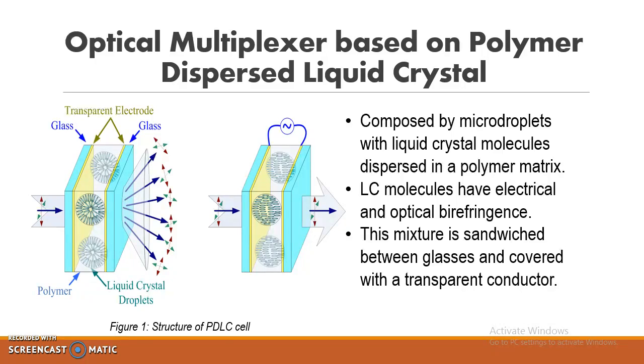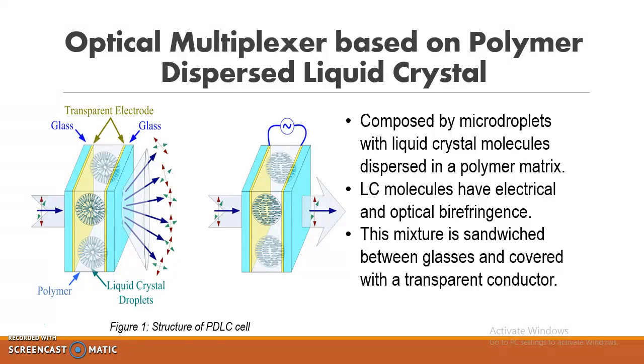PDLC is composed of micro droplets with liquid crystal molecules dispersed in a polymer matrix. Liquid crystal molecules have electrical and optical birefringence, which means that the molecules have different dielectric constant and refractive index depending on the molecule axis.